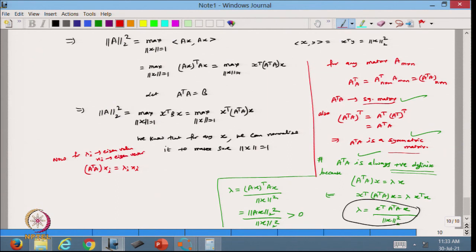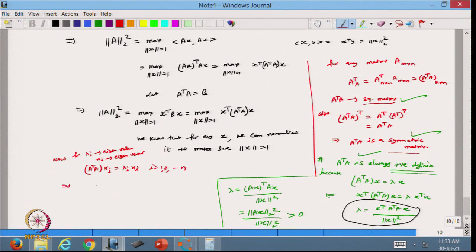This concept we already know, and it is an n cross n matrix, so it will have n eigenvalues and the corresponding eigenvectors. So, this is true for i equal to 1, 2, 3 up to n.